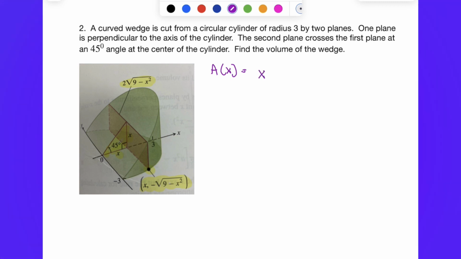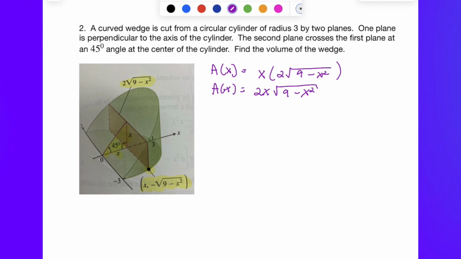And to find that, we take our length times our width. And then simplifying that down, it's just going to be 2x, the square root of 9 minus x squared. Now remember, to find the volume, we're going to integrate this cross section from a to b.